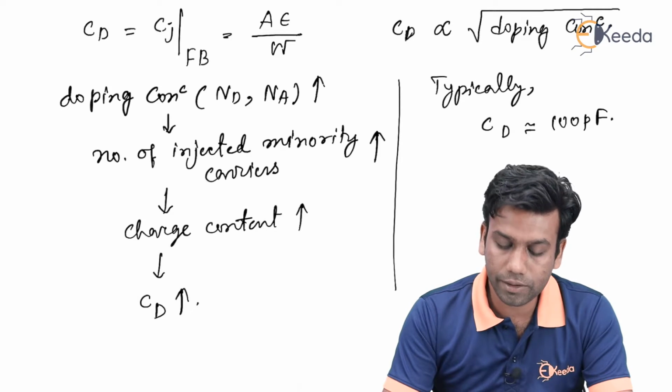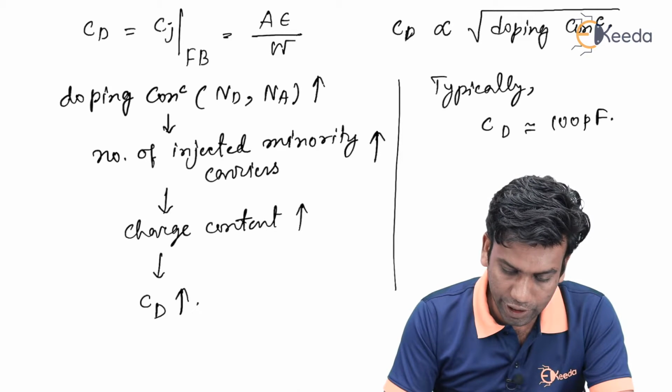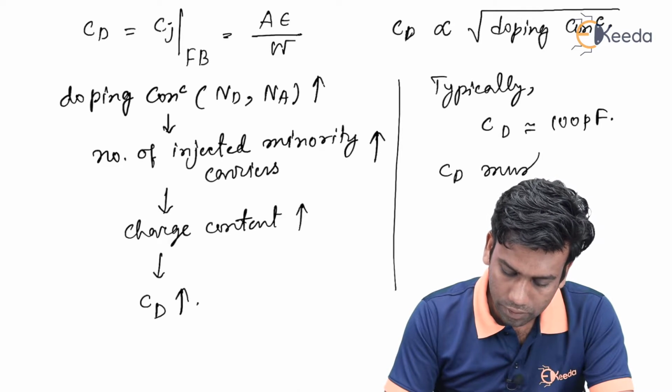For better performance of the diode and BJT, C D must be as small as possible.